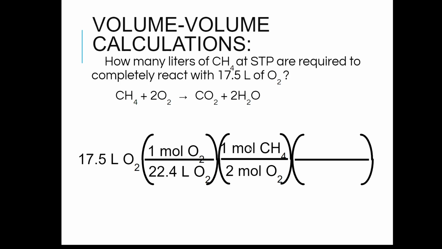The last thing we're going to do is say, we're not interested in moles of CH4. We need to get our desired unit. We're looking for liters of CH4, so we'll put liters of CH4. Now, from here, we have our liters.